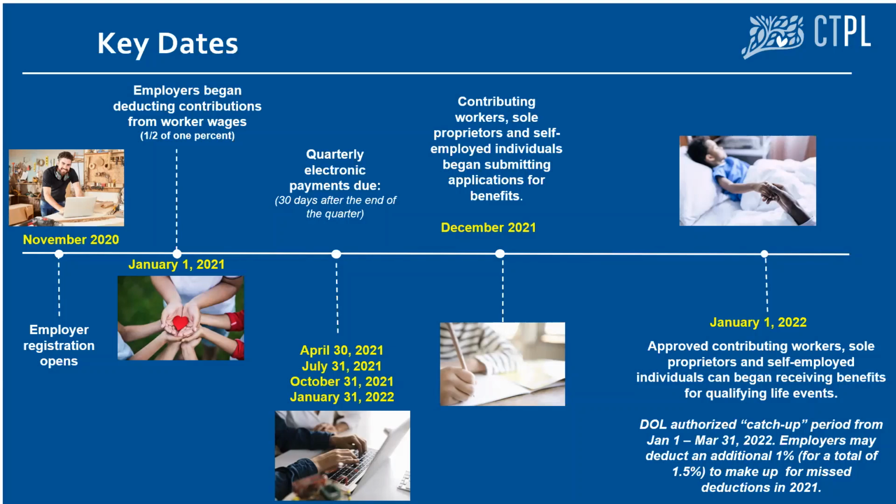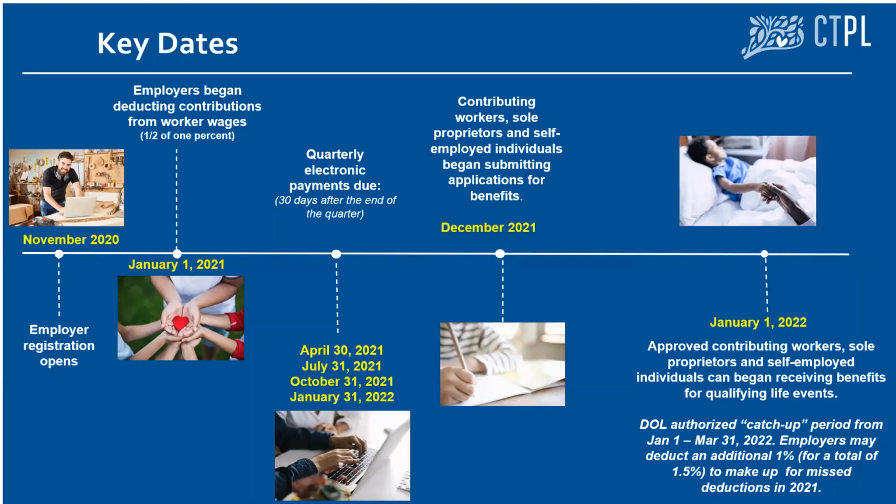So January 1st, 2021 is when those deductions were to begin. Now, quarterly, the businesses remit those to us here at the Paid Leave Authority through our online portal. There is a 30-day grace period after the end of the quarter. So the next due date, if you will, is January 31st, which would cover 4th quarter, so October, November, December of 2021.